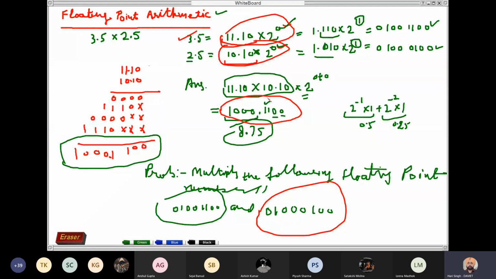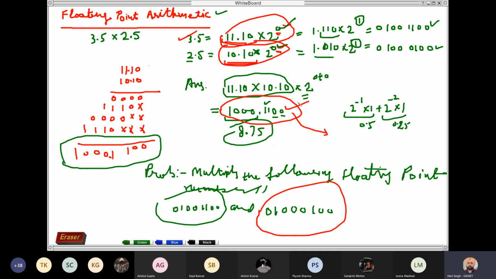Now you can write this number again in floating point form, in the desired form. For the time being, just learn how to multiply two given binary numbers provided in scientific form. Meaning if you are given the mantissa of one number, the mantissa of the second number, the exponent of one number and the exponent of the second number, how can we multiply the numbers and obtain the result.